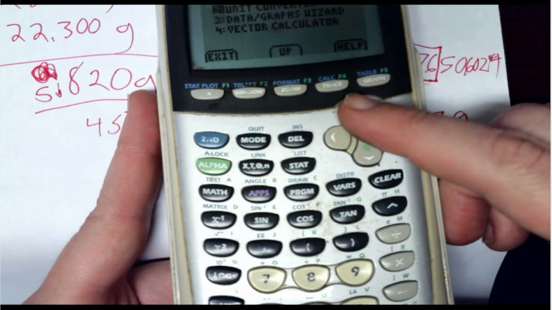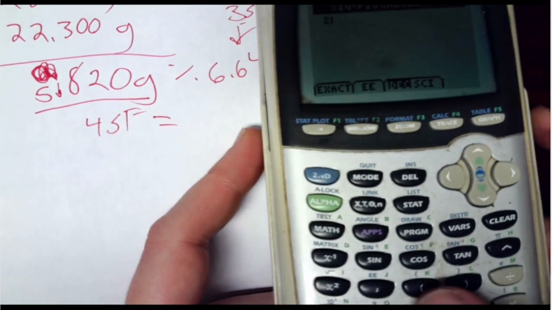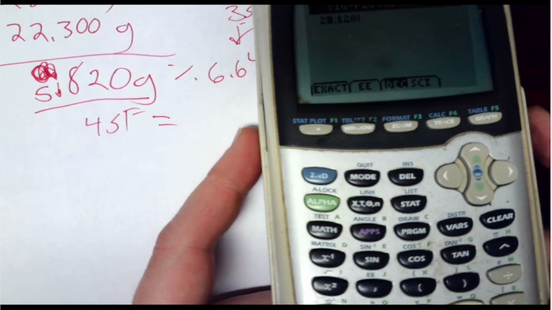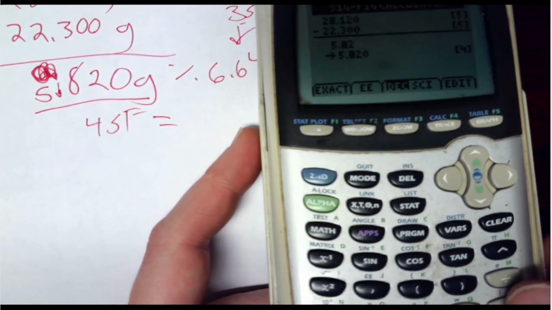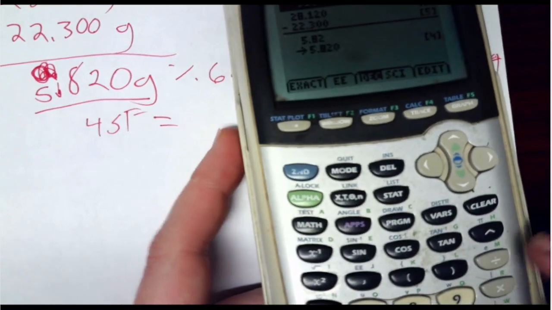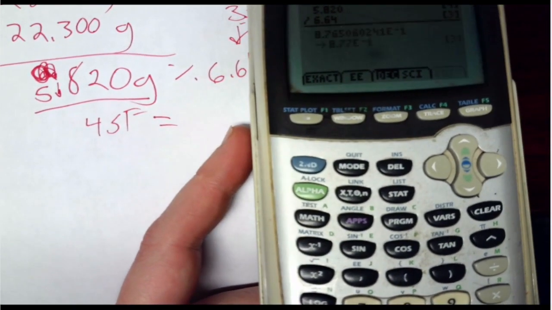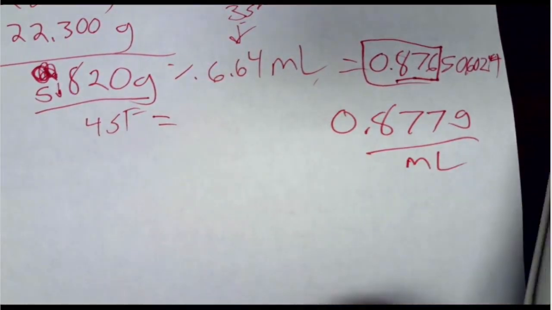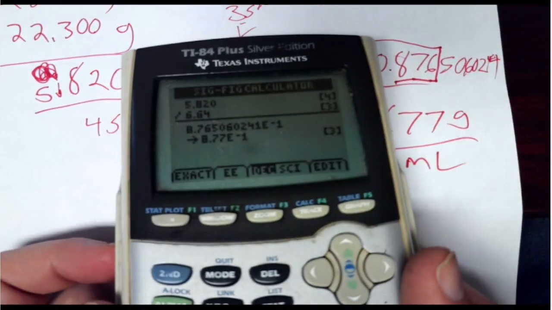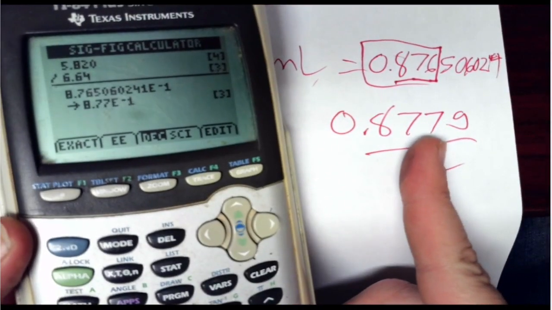You can go, okay, 28.120 minus 22.300 becomes 5.820, and then I divide by 6.64, and I get my answer is 8.77 times 10 to the negative first, which is 0.877 with 3 sig figs.